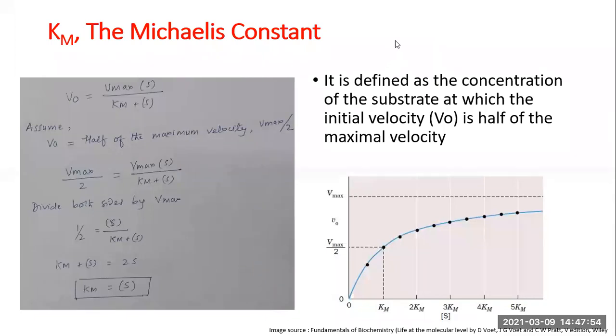Okay, so let us understand something about the Michaelis constant. It is also called Km.